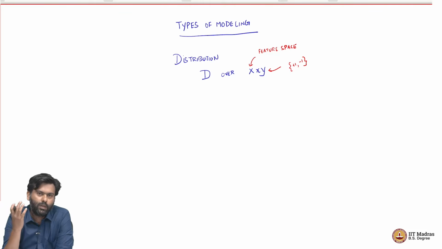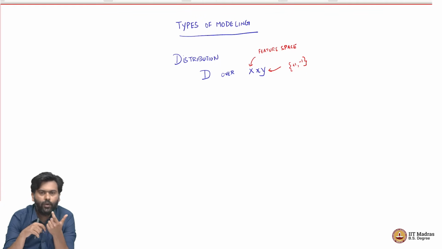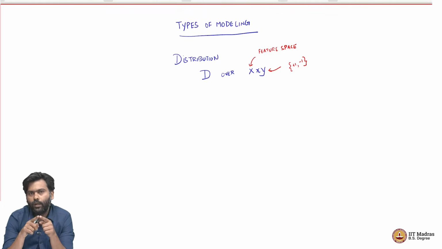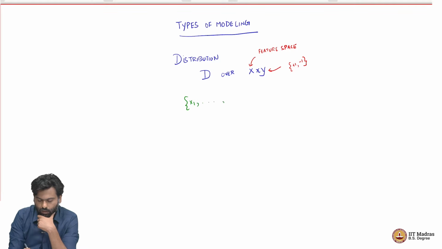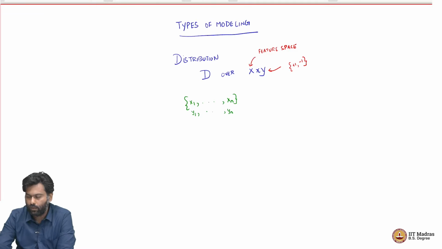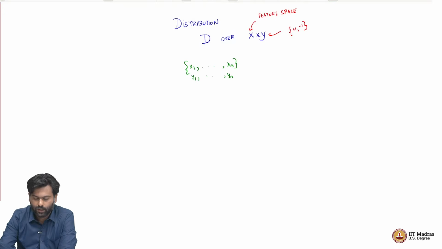What does this mean? This means that every data point that you are seeing in your training set is drawn according to this distribution. So we have our training set which has x1 dot dot dot xn and y1 dot dot dot yn. We'll talk about classification for now, but whatever we are discussing also applies to other supervised learning setups.